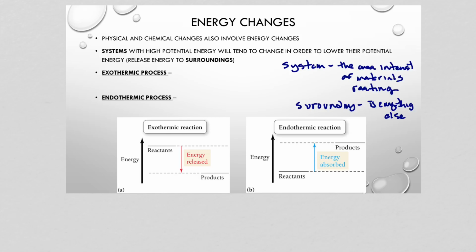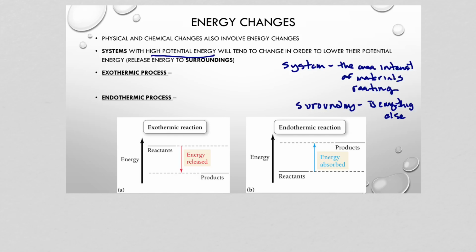Now, one thing that we should sort of generally understand that will help us maybe picture this a little bit is that when systems have high potential energy, meaning they have a lot of chemical potential energy in most of our cases, right, they will tend to change in order to lower that potential energy. So in other words, they're going to transfer thermal energy to the surroundings.